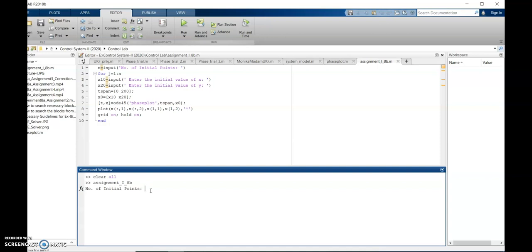So I am giving 4, which means the loop will run 4 times. Enter. It is asking, among the 4 sets, please provide the first set initial value. What is the initial value of x? It is 1. What is the initial value of y? It is 2. Enter.